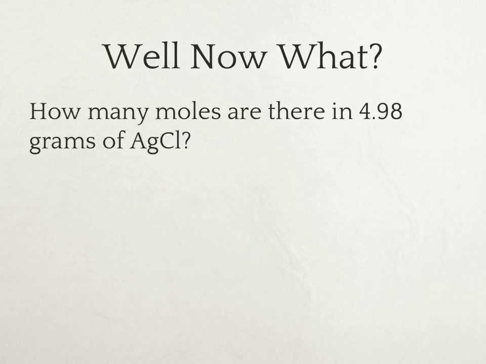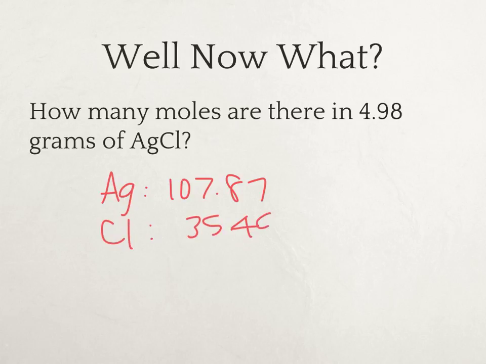Another example problem for your notes is how many moles are there in 4.98 grams of AgCl? Well, again, step number 1 is to figure out the molar mass of AgCl. So in 1 Ag, there is 107.87 grams per mole. And in 1 chlorine, we have 35.45 grams per mole. So we add them together.